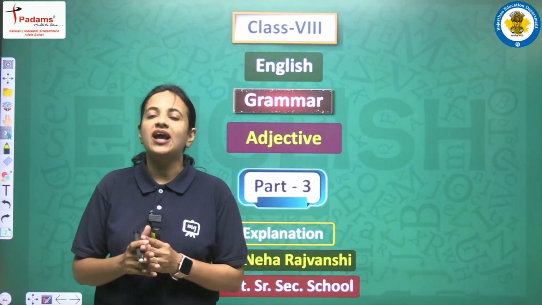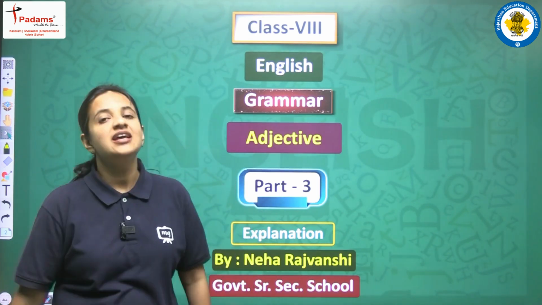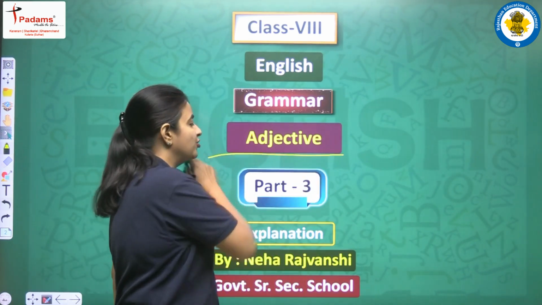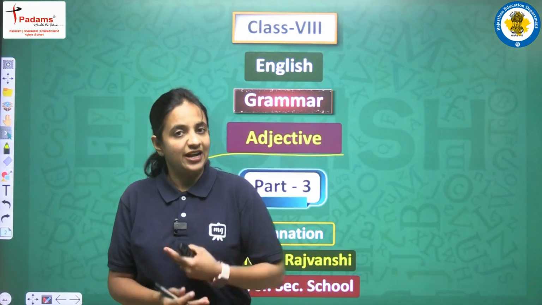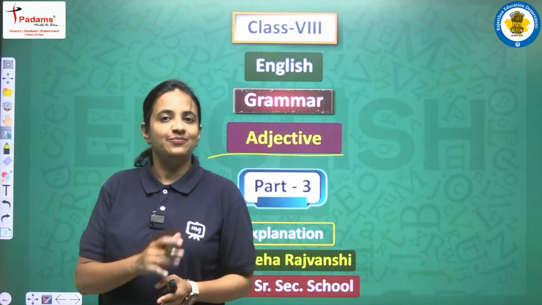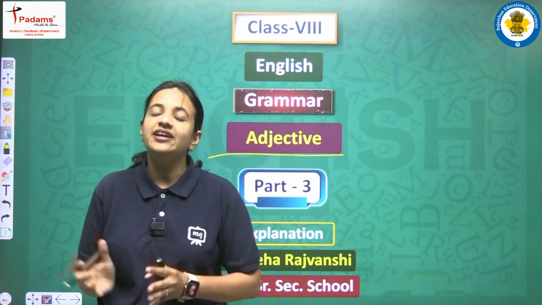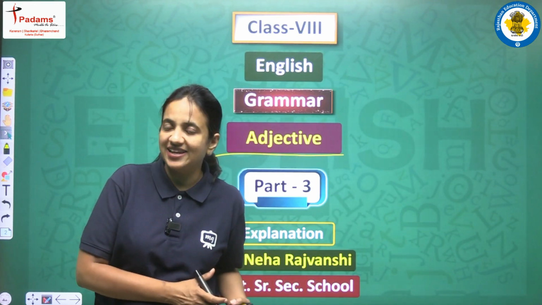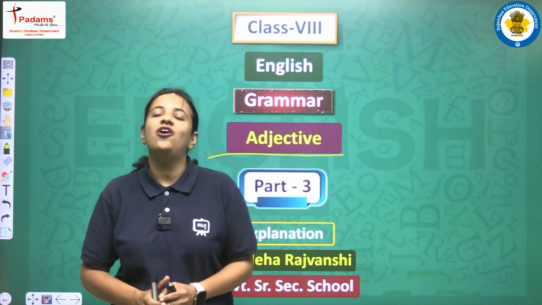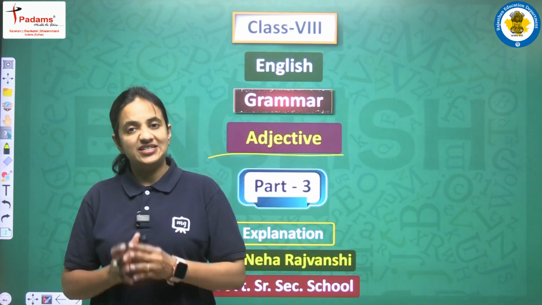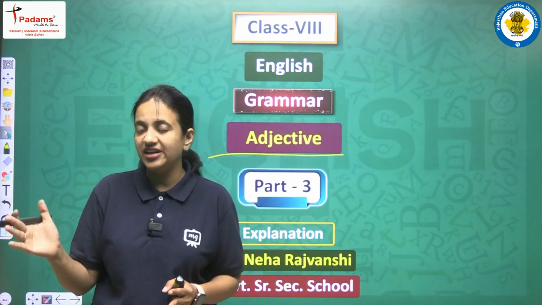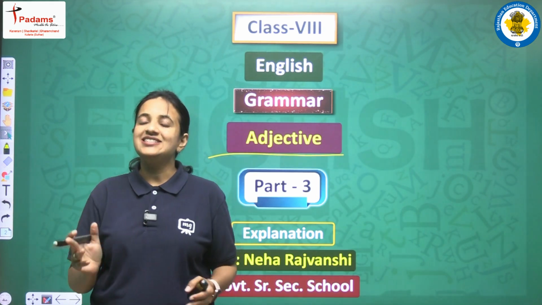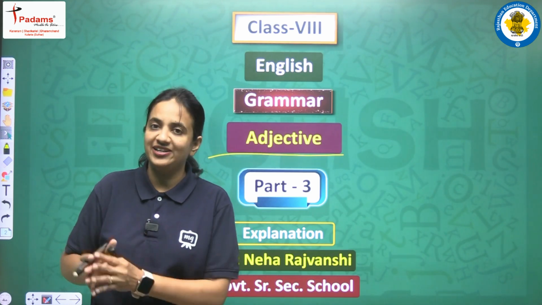So students, we are discussing our grammar syllabus and now we are studying our topic, that is adjective. Till now we have discussed the different kinds of adjective, and in the previous video we saw the different degrees of comparison. I am sure you are all aware that we have 3 degrees of comparison: positive degree, comparative degree, and the third one is superlative degree.